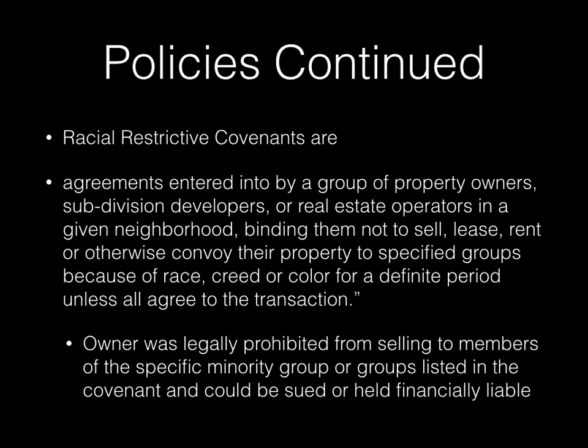Now, keep in mind, all of the different stakeholders are people who would have to agree to change that. So in other words, until these were outlawed, these agreements were highly popular and really reshaped Sacramento. The owner was legally prohibited from selling to members of the specific minority group or groups listed in the covenant and could be sued or held financially liable.